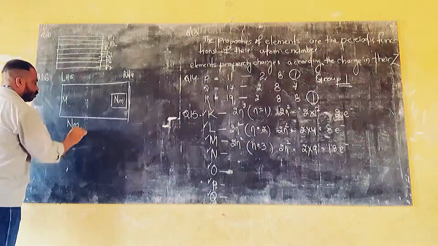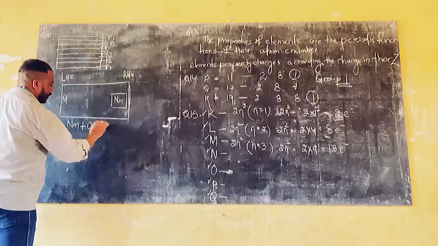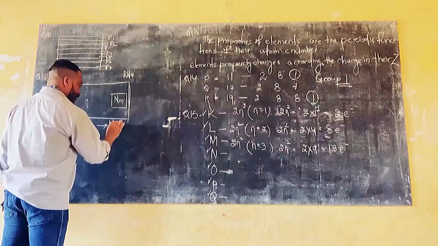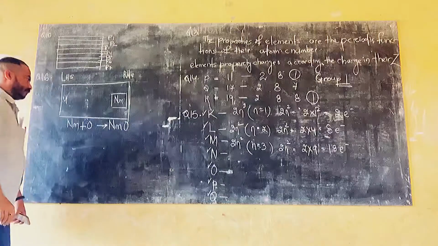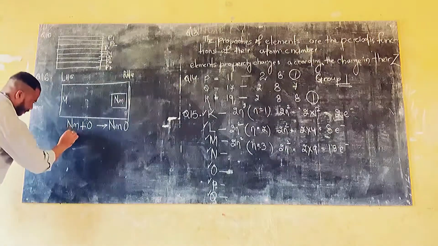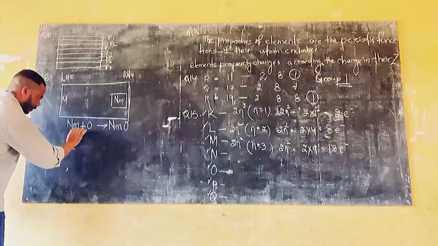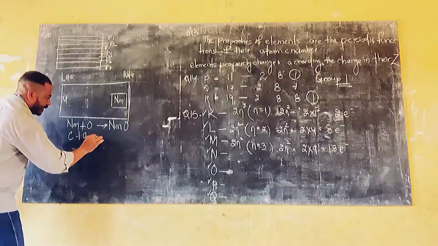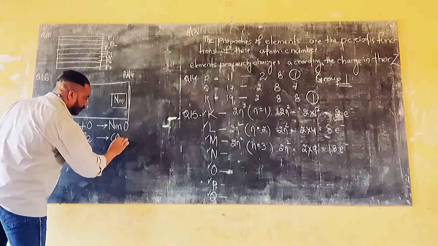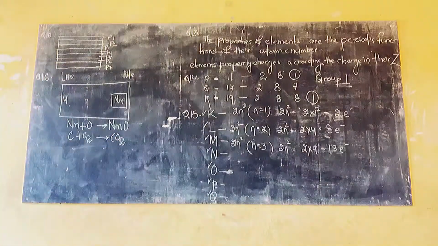Non-metals, when combined with oxygen, give you non-metallic oxides. For example, carbon is a non-metal, and it combines with oxygen to give you carbon dioxide.